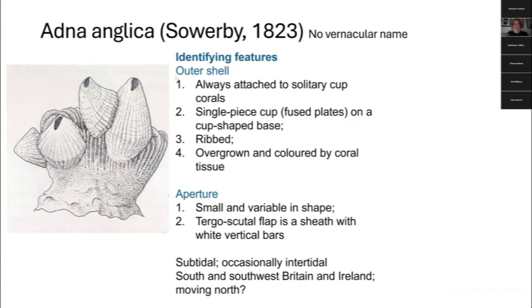Now, moving on to some slightly different types of barnacles, acorn barnacles. This is one called Adna anglica. It doesn't seem to have a vernacular name, although I guess you could call it cup coral barnacle or solitary coral barnacle, because it always is attached to solitary cup corals, not necessarily to Caryophyllia smithii, the Devonshire cup coral, because there are other coral species in the UK.